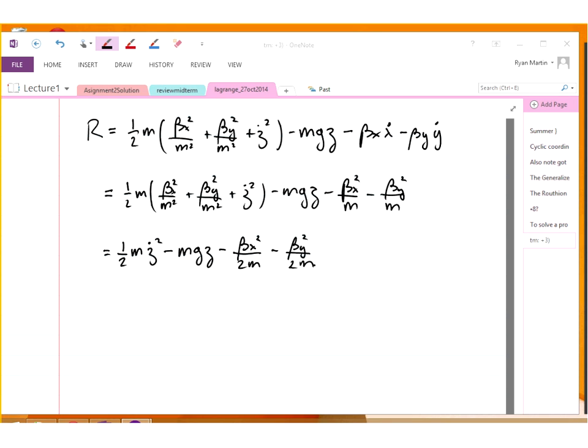Because I have a half beta x squared from the kinetic energy minus a whole beta x squared. So I'm left with minus a half of each.